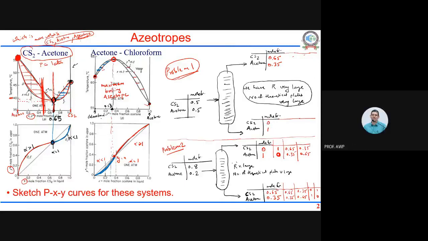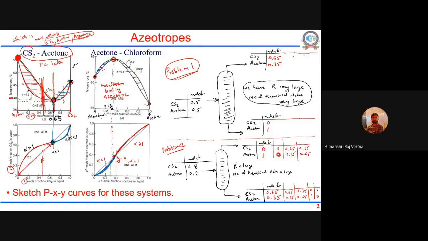Which means if I am having 0.5 as a feed, look at the x versus y. This is my feed. The distillate can be at the most the azeotrope point, and the bottom product can be at the most 0 CS2, which means pure acetone. Do you agree with that?